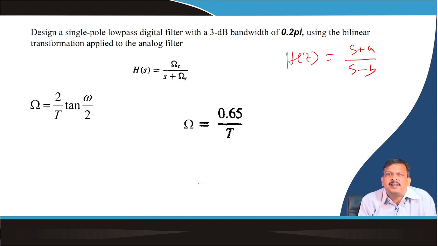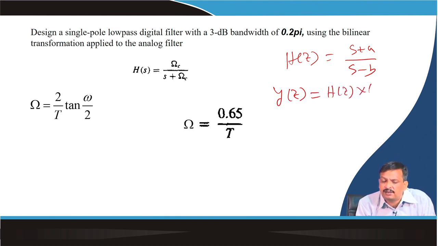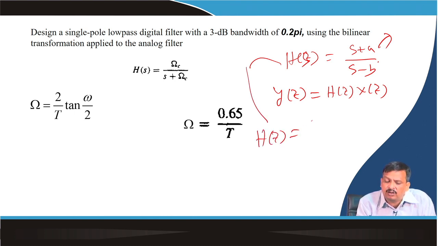Then how do I implement it? Very simple. Y(z) is equal to H(z) into X(z). Let us say this is H(s). Now, after H(s) I take the bilinear transformation and I can compute H(z). H(z) is equal to, let us say, 1 by z minus c. So, I know Y(z) equals H(z) into X(z).